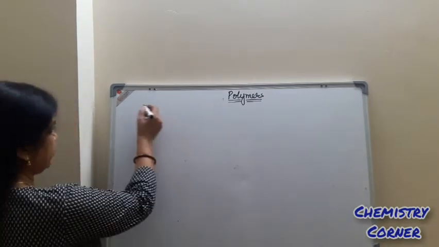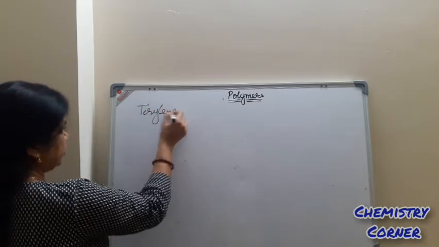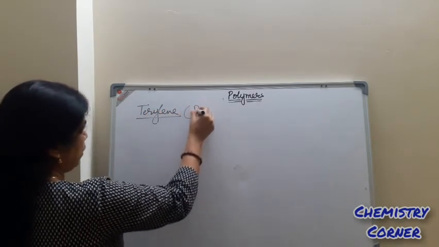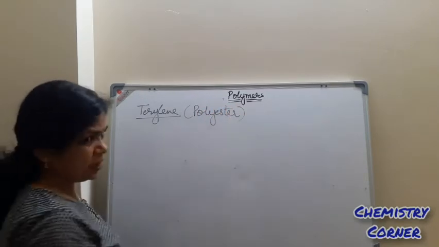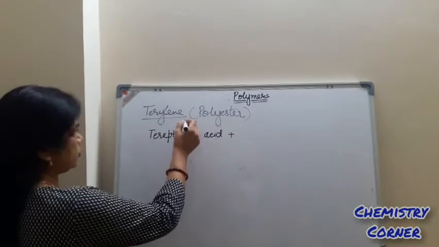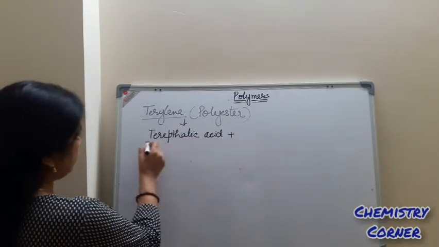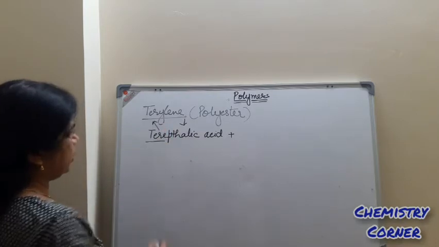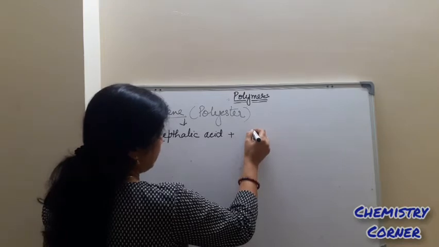So now we are starting with another polymer which is called terylene. Terylene is a polyester polymer. So its monomers are terephthalic acid, and one more is there, that is called ethylene glycol.